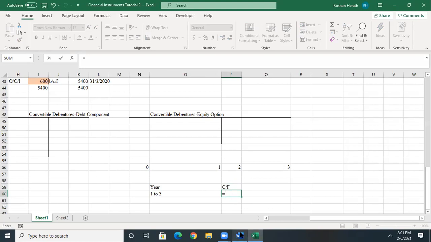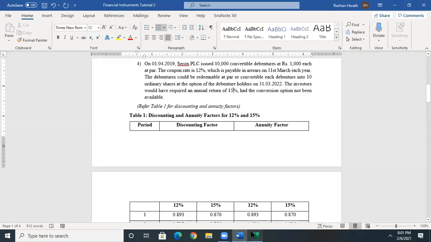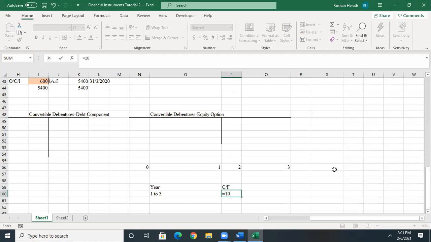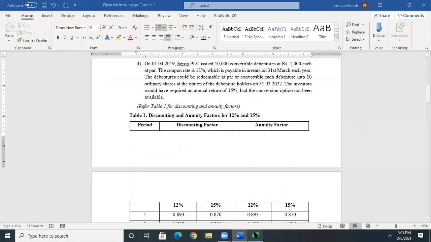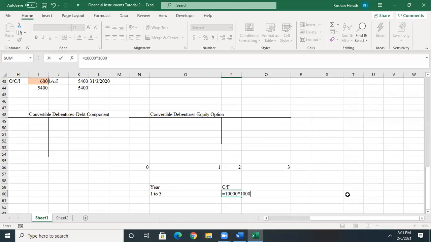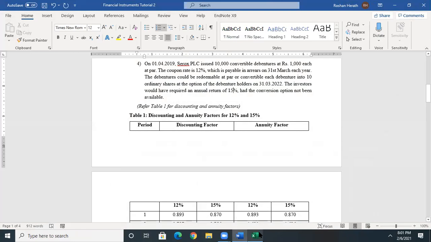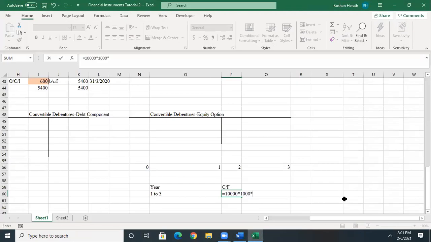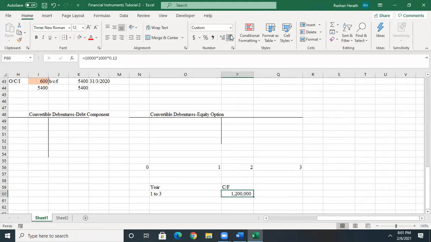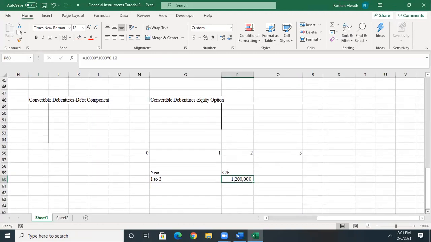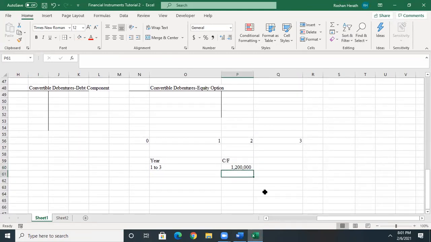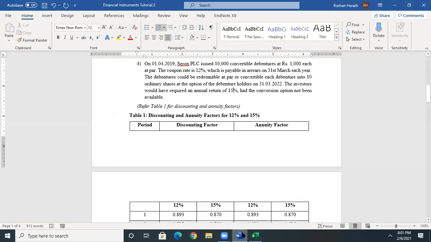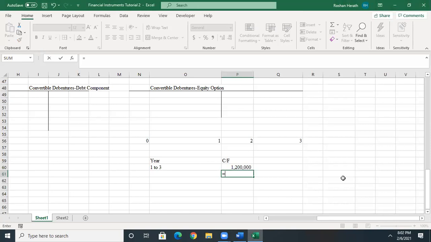So it's like 10,000 convertible debentures at 1,000, and that is into coupon rate 12%. So this much of 1.2 million of coupon you are receiving. And at the maturity, you are getting the redemption value. And what is that? It's 10,000 into 1,000. 10,000 debentures, 1,000 each. So this is at year 3.